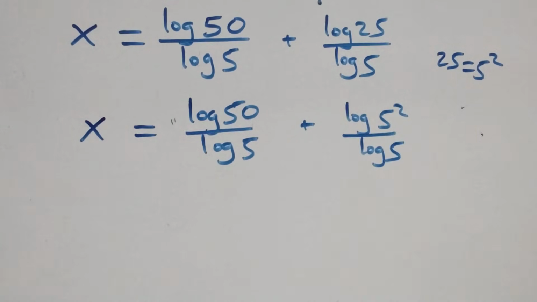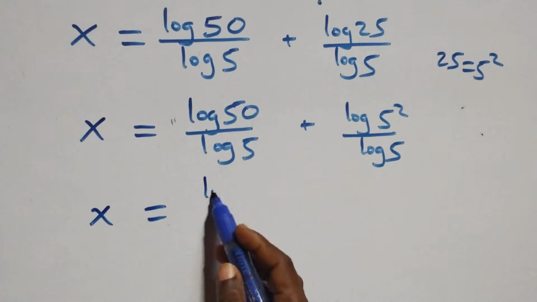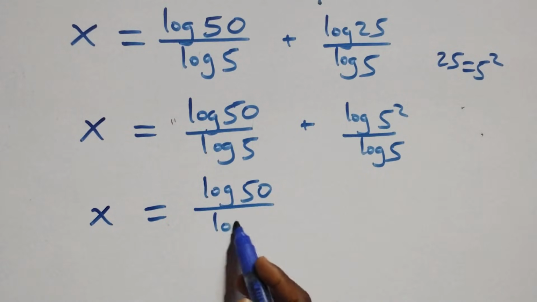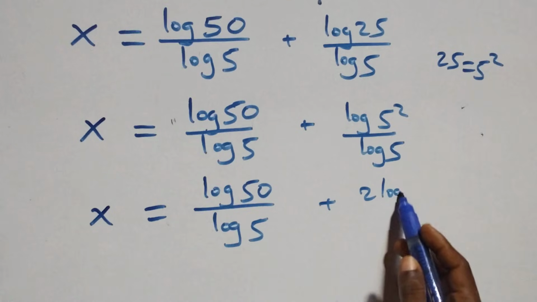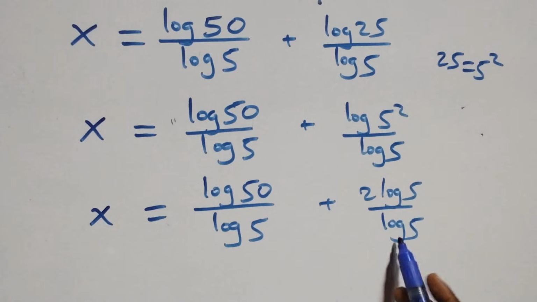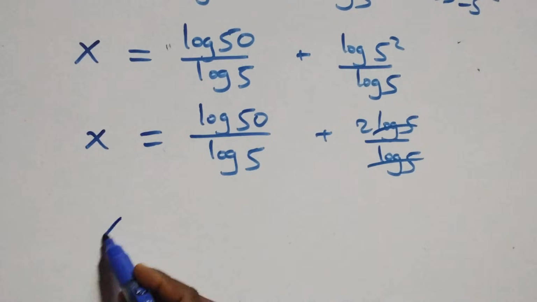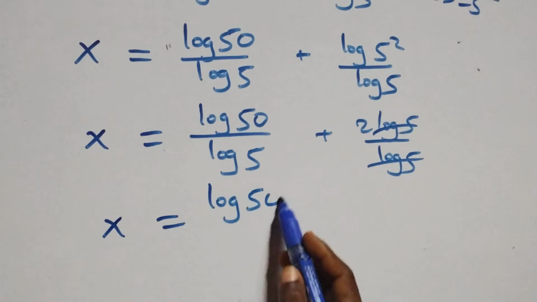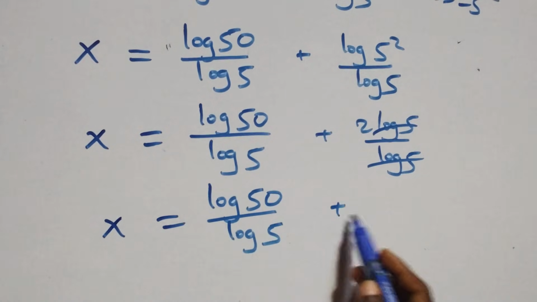Then here we apply the power law of logarithm, and 2 comes here. We have x equals log 50 over log 5 plus 2 log 5 over log 5. As this here, log 5 cancel each other here. Then we have x equals log 50 over log 5 plus 2.